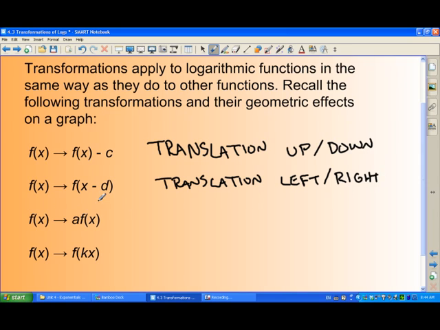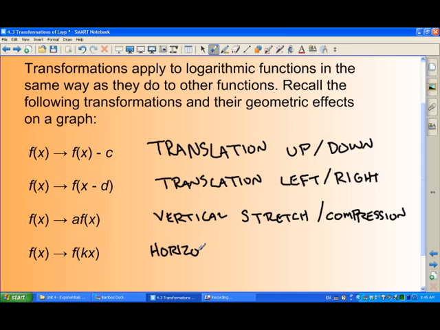If I have a function like a times f of x, this is a vertical stretch or compression. And then finally, if I have a function like f evaluated at k times x, this corresponds to a horizontal stretch or compression.